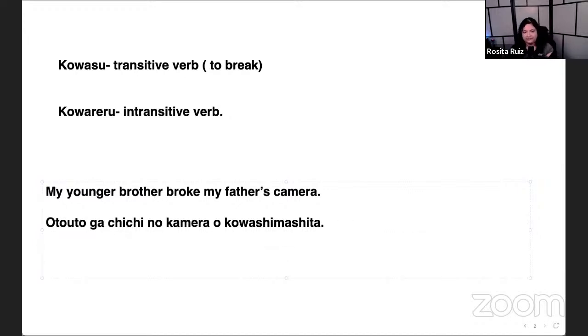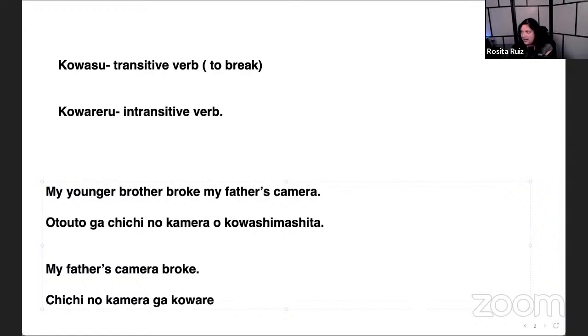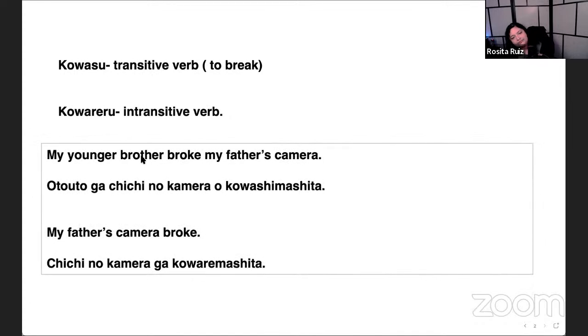So for an example, if I wanted to say my father's camera broke, so I'm using the object as the subject here, I would say something along the lines of 父のカメラが壊れました。Can you guys see the difference? They are very similar, でしょ?